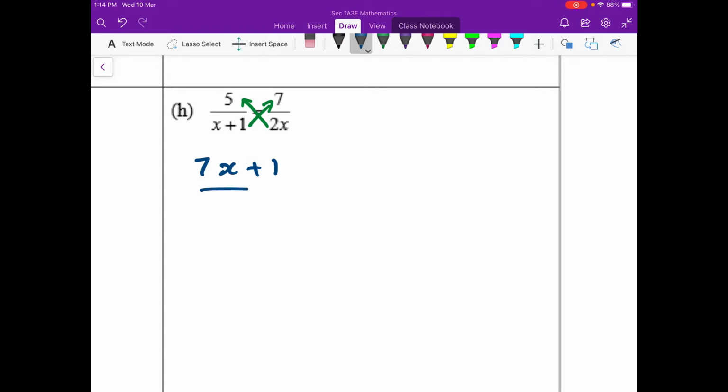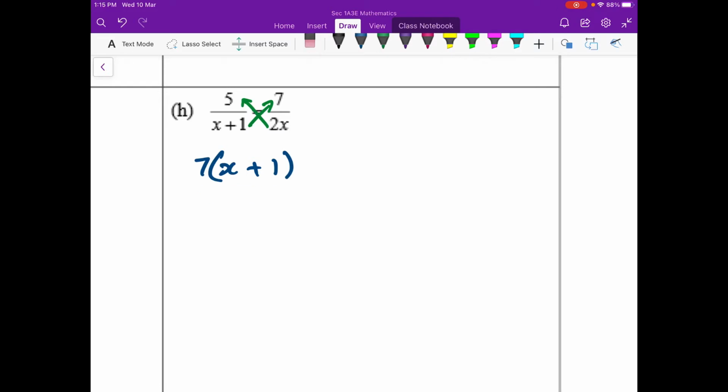So is it okay to write it this way? You have to think critically, because I'm showing you possible answers that students give. Because they say, oh, multiply, 7x, 7 times x plus 1. And then they get it wrong. So to make it correct, we need to put brackets this way.